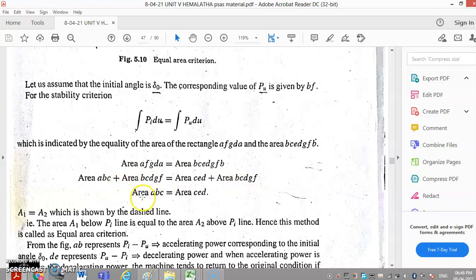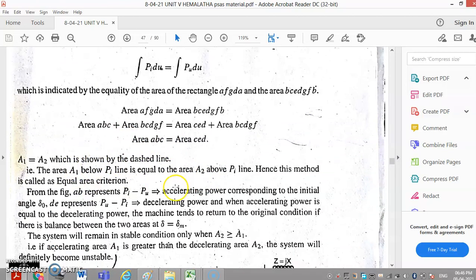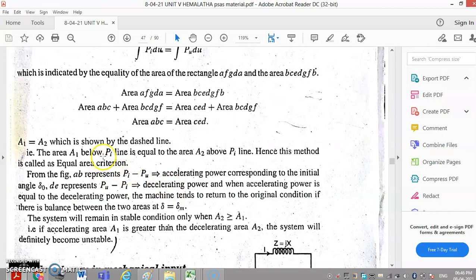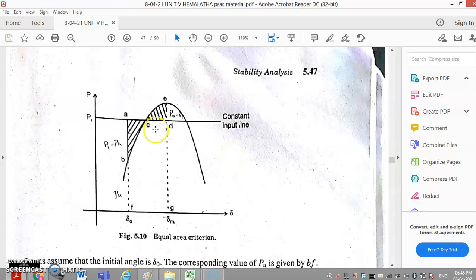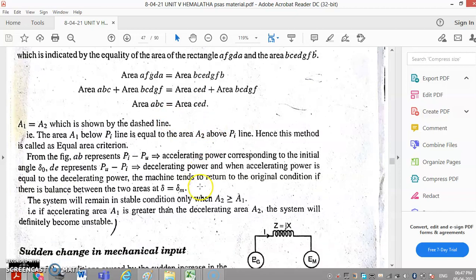Then area ABC is equal to area CED. So A1 is equal to A2, which is shown by the dashed line. That is, the area A1 below the Pi line is equal to the area A2 above the Pi line. This area is equal to this area. Hence this method is called the equal area criterion.